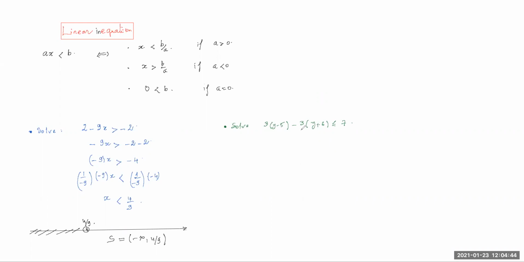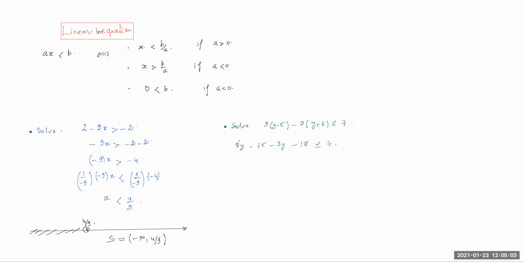Solve the inequation. Again, I just need to work on my expression after developing it. So if I develop, we will have 3y minus 15 minus 3y minus 18 less than 7.